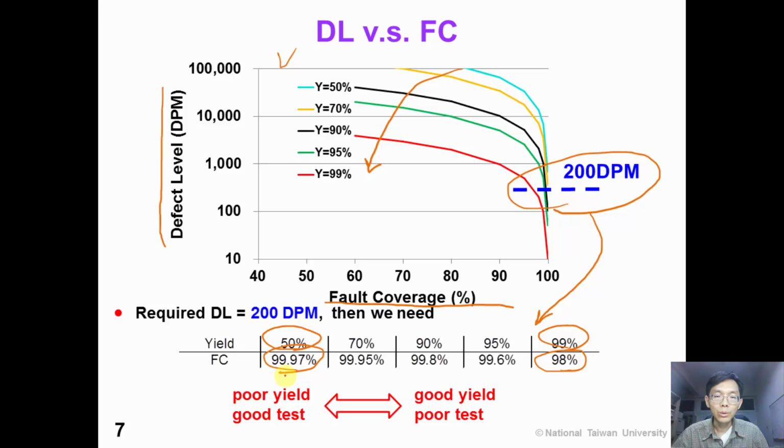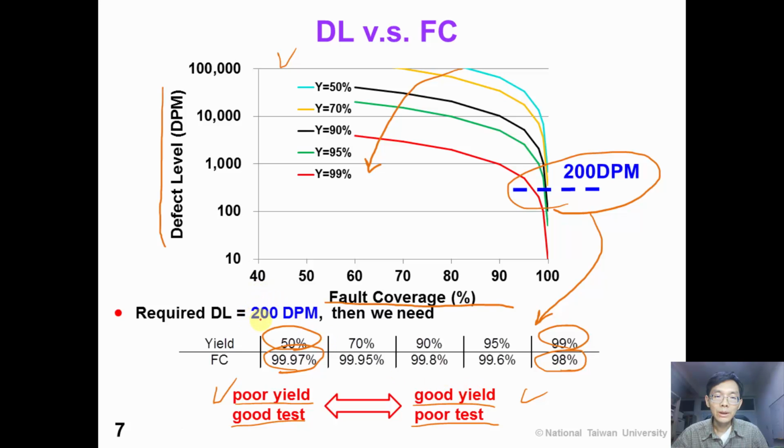From this table, we can see that on the left hand side, it corresponds to a poor yield but very good test quality. On our right hand side, we can see that it corresponds to a good yield but poor test quality.